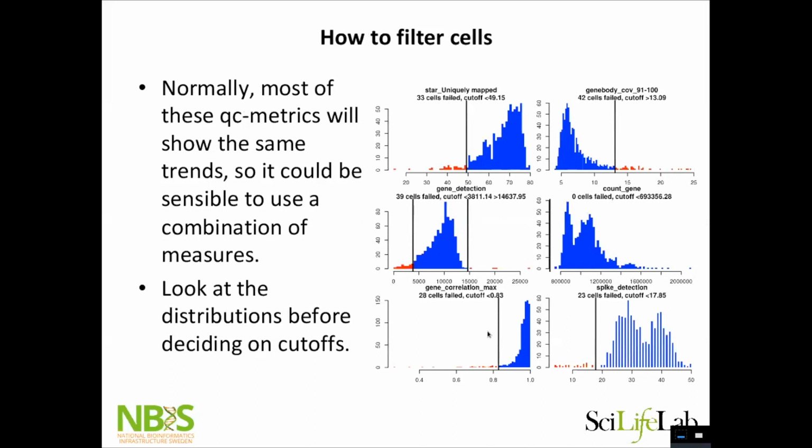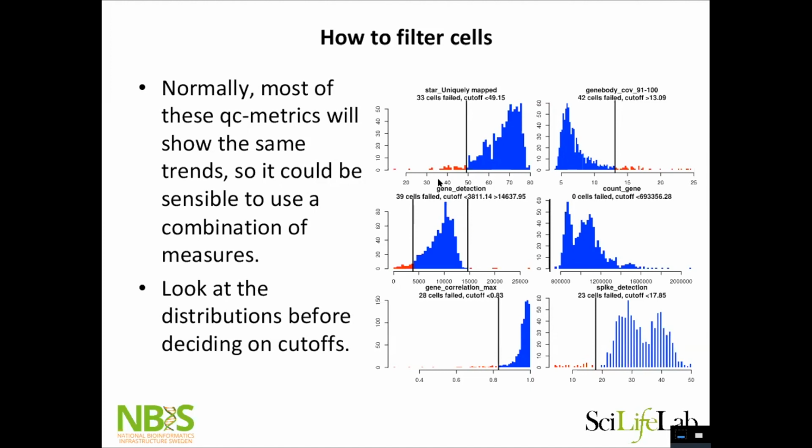So then how do you filter? I say look at the distributions. Look at how it looks for each sample you're doing, because then you get a feeling for sort of out here, it's all crappy. But then you might have, for instance, red blood cells that are really tiny with low amounts of RNA that are out here.